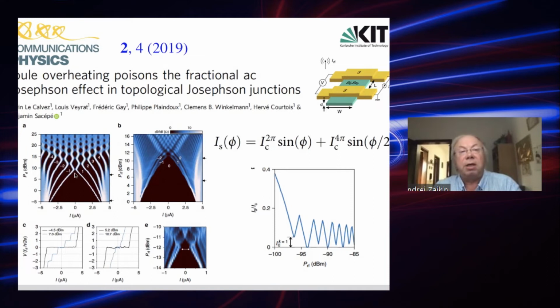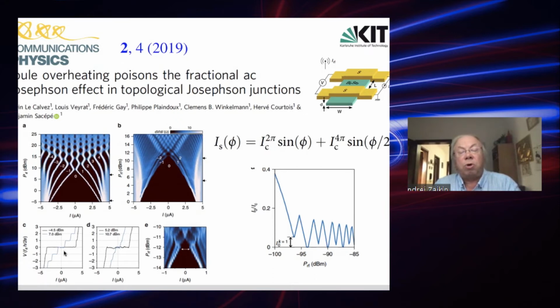They see these fractional Shapiro steps, but they also argued that the zero Shapiro step, that is the Josephson current without any voltage, just in the presence of RF radiation, doesn't go to zero, which they measured.